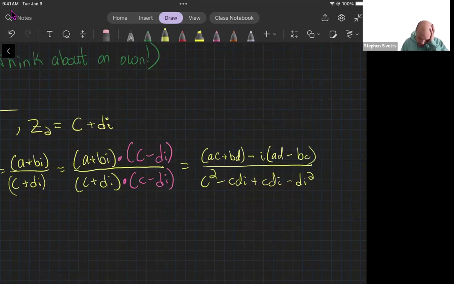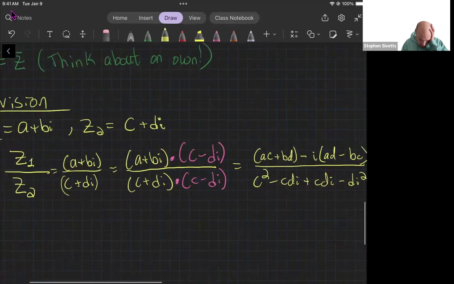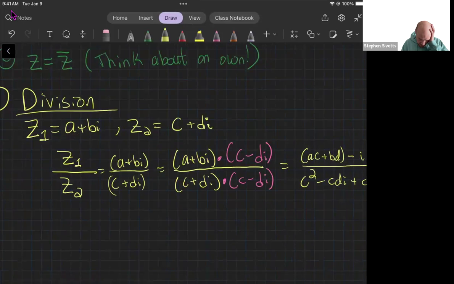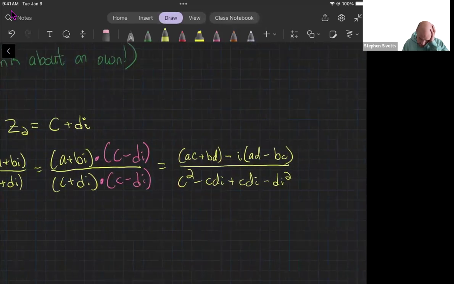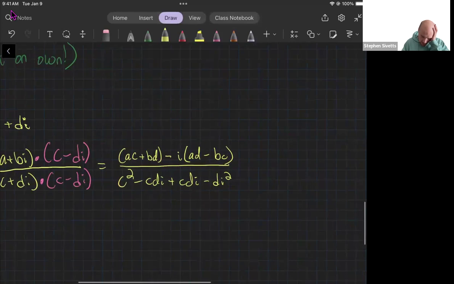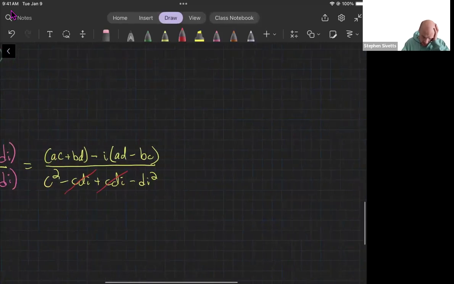So C plus DI. And what happens in the denominator is that these middle terms will cancel. They're the same, so that's 0.